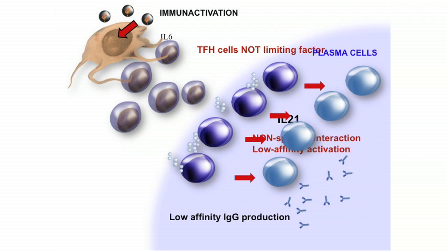compartment. So T follicular helper cells before that were the limiting factor for the development of high affinity antibody responses. They were able to be very selective about which B cell they were going to interact with. But now they basically have the ability to interact with every single B cell. So we have now an increase of non-specific and low affinity interaction between CD4 cells and B cells.